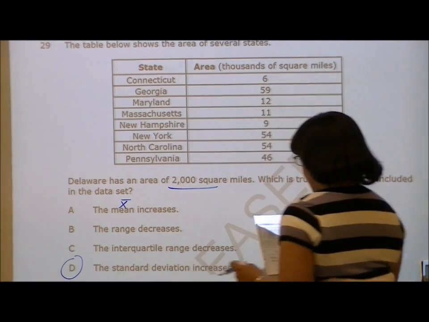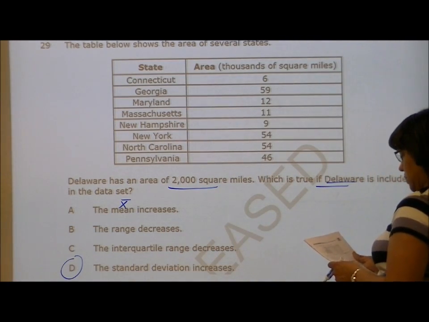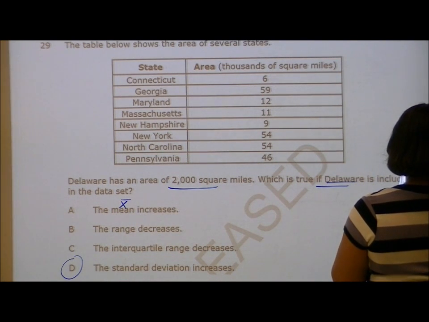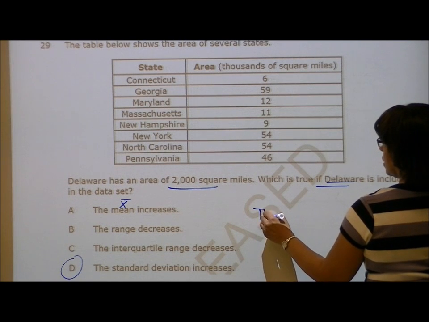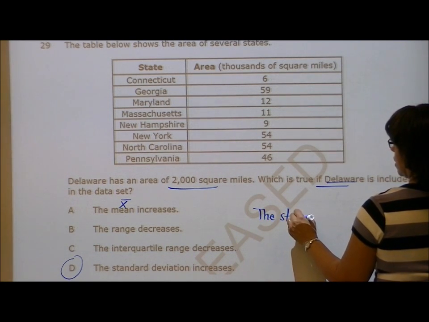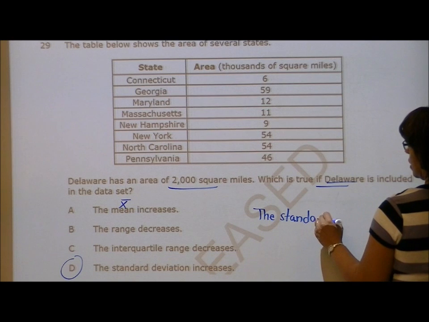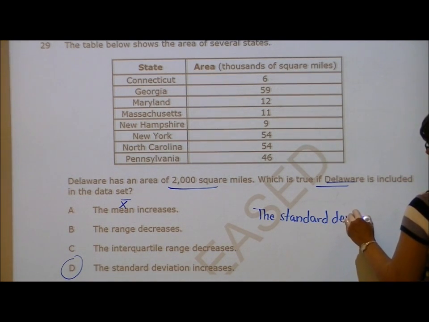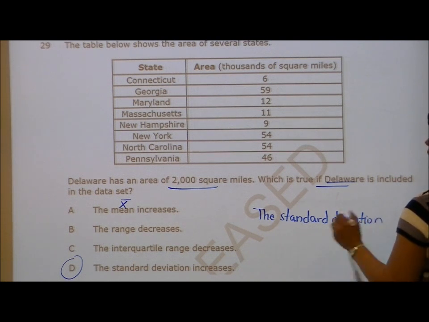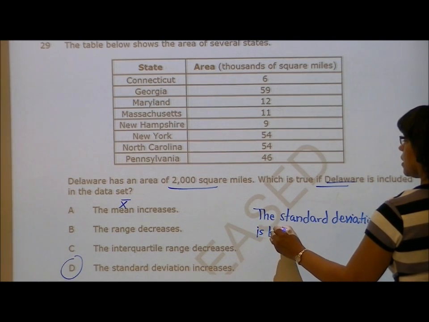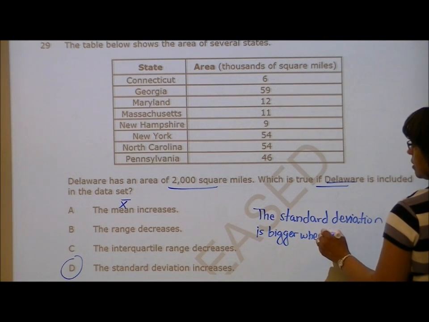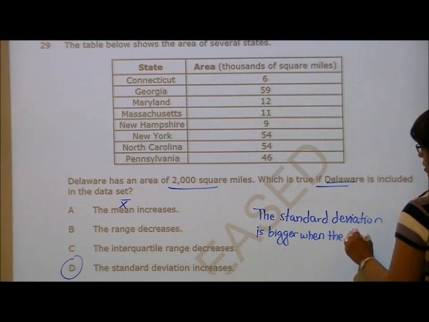The standard deviation increases, because I'll write this down for you. The standard deviation is bigger when the data is more spread out. The data is going to be more spread out.